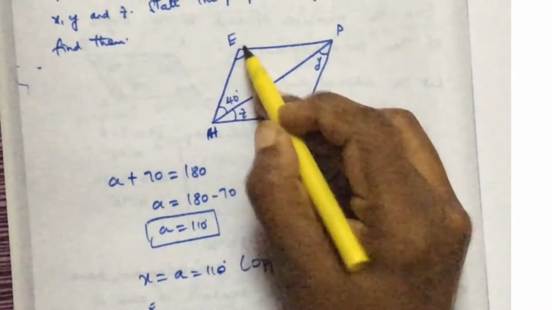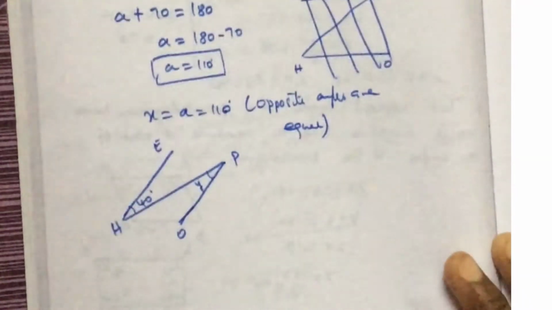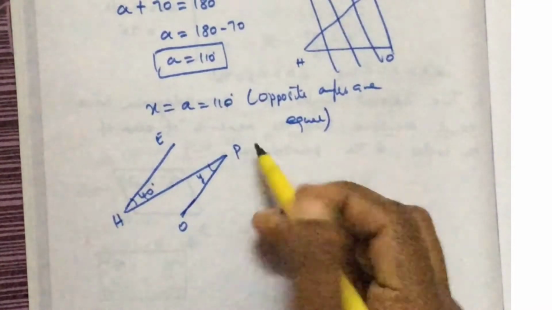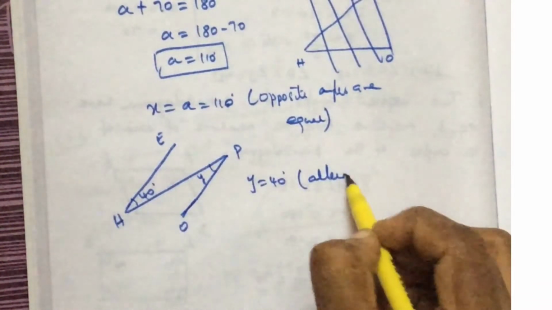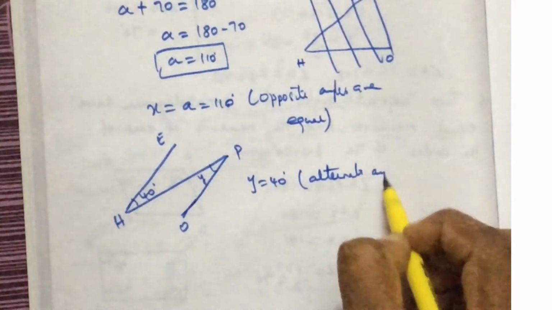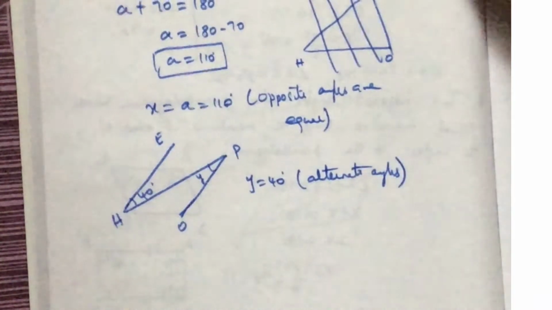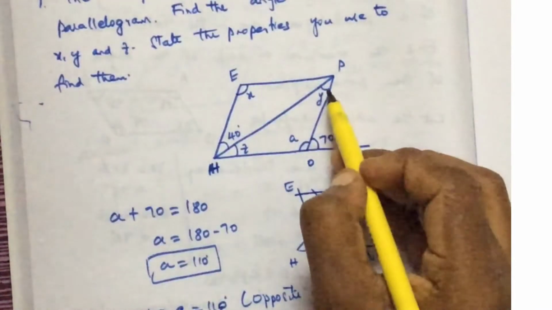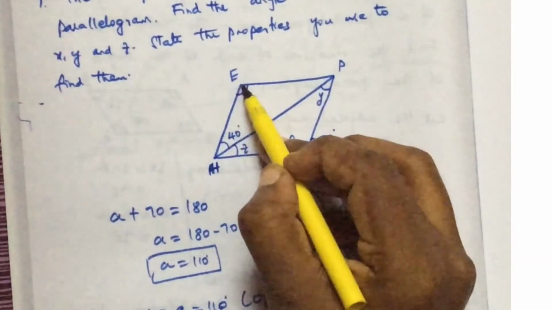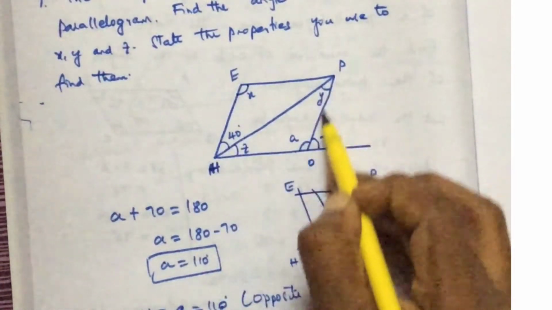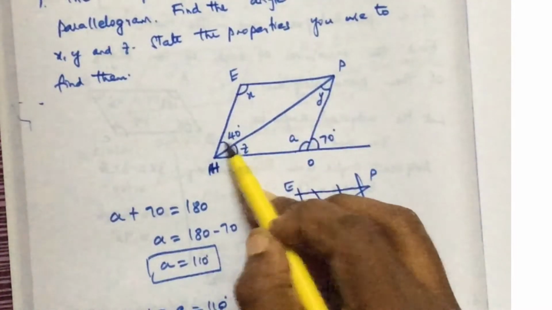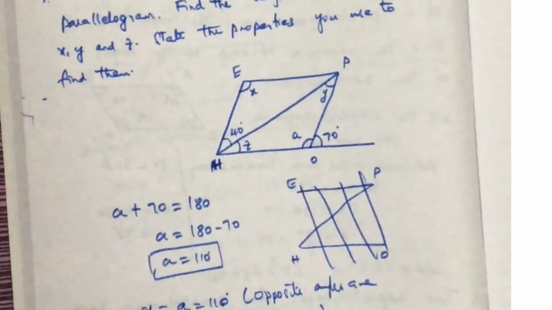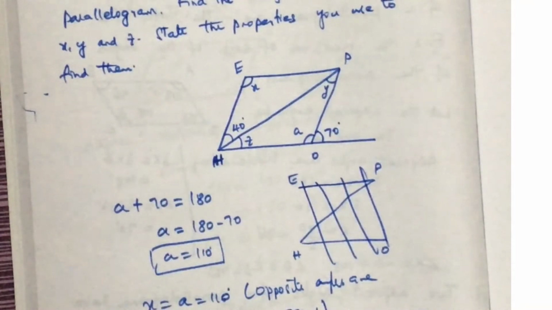So Y equals 40 because they are alternate angles. Y should be equal to 40. So Y is 40. The last thing we have to find is Z.